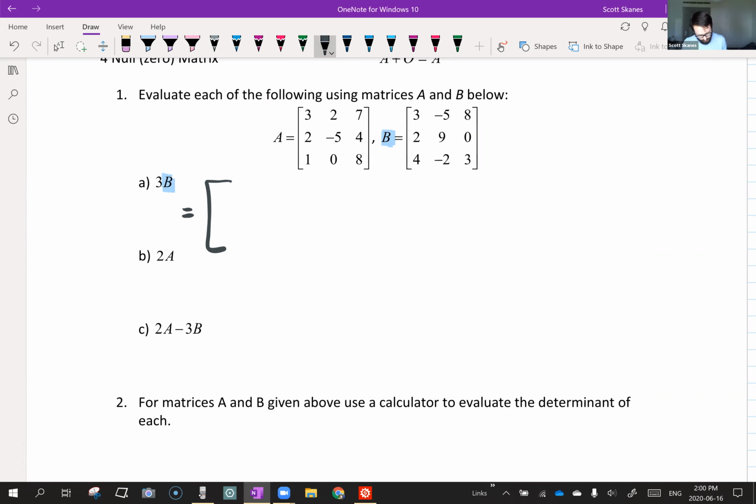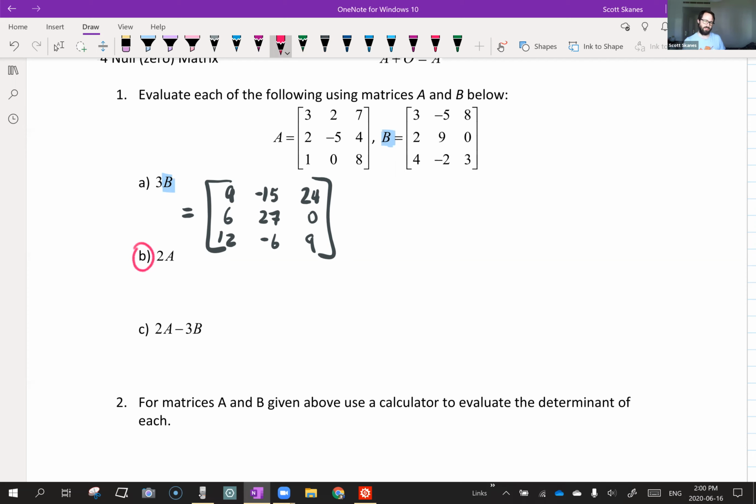I'll just do the first column: 9, 2 times 3 is 6, 4 times 3 is 12, -5 times 3 is -15, 27, -6, 24, 0, and 9. So you just take every element of the matrix and multiply it by 3.